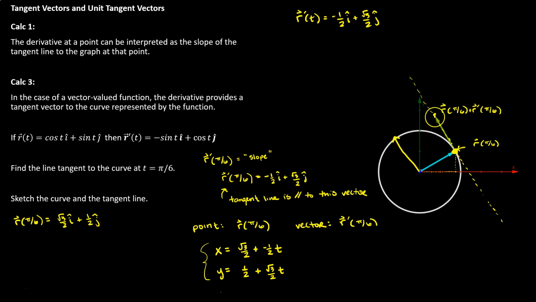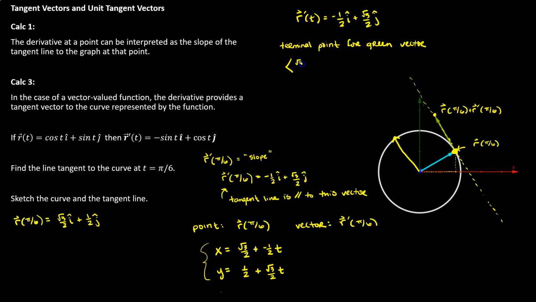So how do I get the terminal point of my tangent vector in this case? What I do is create the vector by starting with the values from r at pi/6.